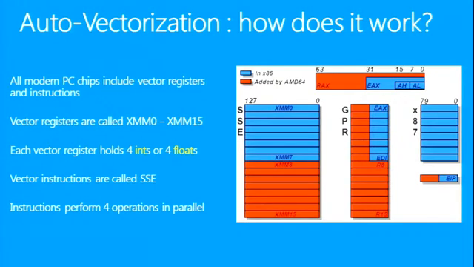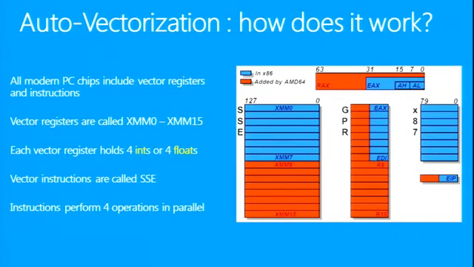But in fact, the way they're used is to pack several smaller variables into each register. So if we are using ints or floats, again 32-bit values, we can pack 4 of them into each of these vector registers. If we're using doubles, on the other hand, they're 64 bits wide, so we can only squeeze in 2 per XMM register.